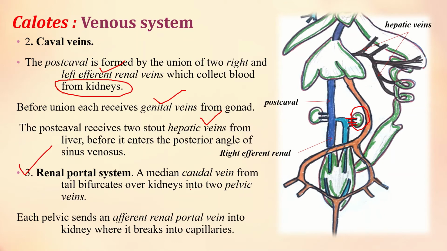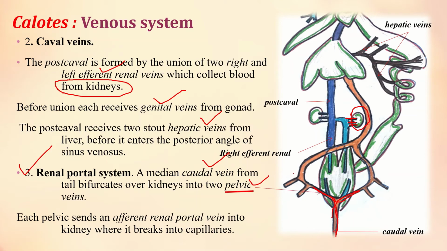So the renal portal system is made by a median caudal vein. This is the caudal vein which collects blood from the tail region. The caudal vein, when it goes towards the kidney, towards the anterior side in front of the kidney, bifurcates into two branches, and those branches are called the pelvic veins.